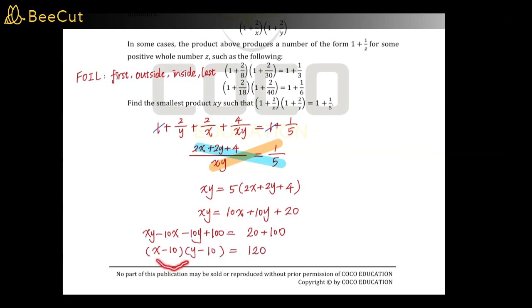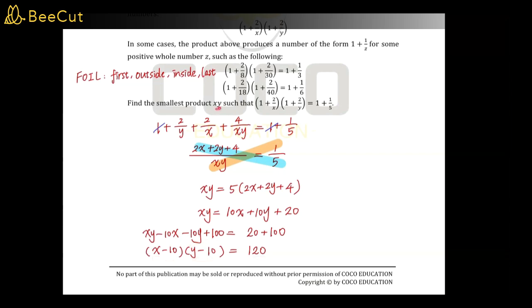Let's see. The first term is x times y. The outside number is x times negative 10, so minus 10x. The inside number is negative 10 times y, so we get minus 10y. The last number of each bracket, negative 10 times negative 10, gives 100. So now we have the product of two numbers equals 120.